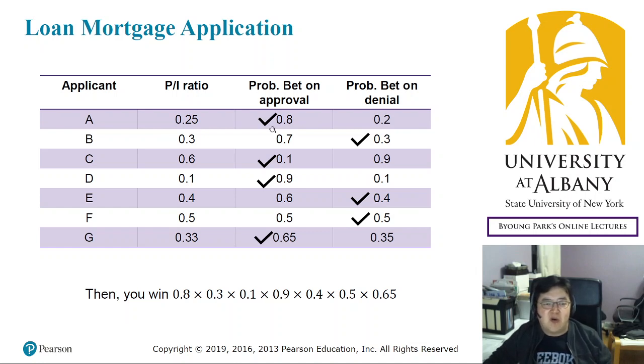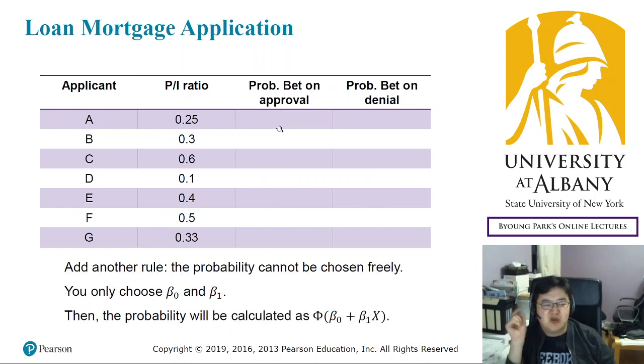And here, we are going to add another rule. So we are not just predicting the probability without any model. We use the model. We have to impose the model on this game. That is, you are not choosing the probability, but you only choose beta 0 and beta 1.